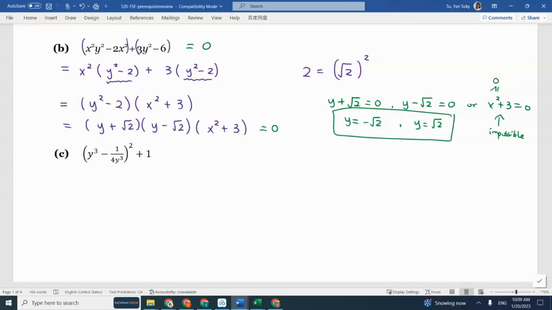Yes, everybody? So this is like a, this is like b. So a squared, y cubed squared, minus 2a, a is y cubed, b is 1 over 4y cubed, plus b squared, b is 1 over 4y cubed squared, yeah? And then we add 1 at the end.